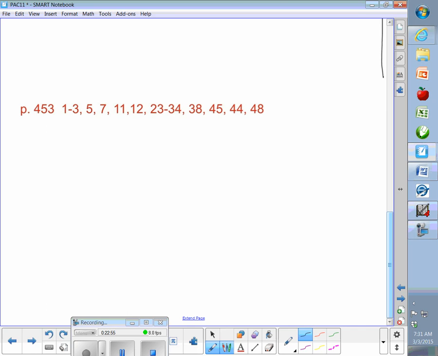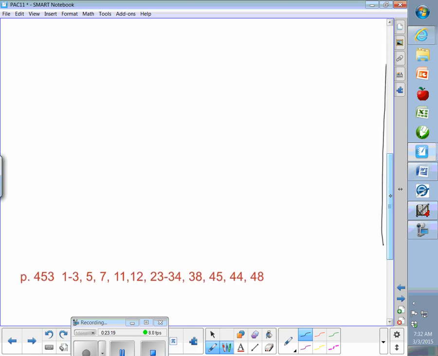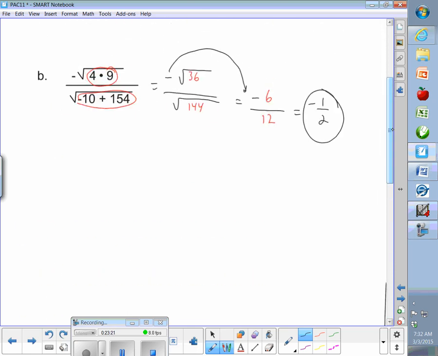So those of you on the field trip on Monday, page 453, you need to do numbers 1 through 3, 5, 7, 11, 12, 23 through 34, 38, 45, back to 44, that's on purpose, and then 48, right? And as always, make sure that you're writing the original, make sure you're showing work where you can show work. Just follow what I did in the video as far as work goes, and that's what I'll want to see on your paper.